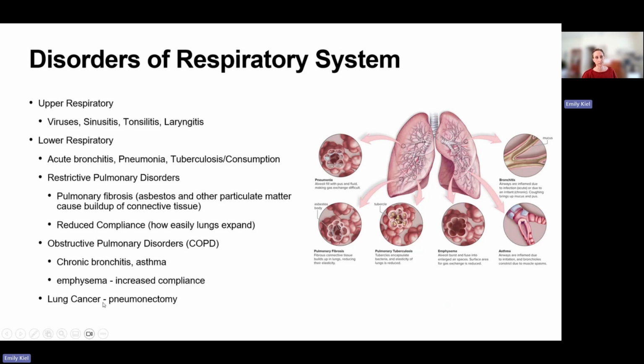Lung cancer is seen in the respiratory system, and up to 90% of them are related to smoking, tends to be really aggressive, and it's usually those epithelial cells which would have been in contact with the carcinogens of smoking, and this includes chemicals that we would see in vapes as well.